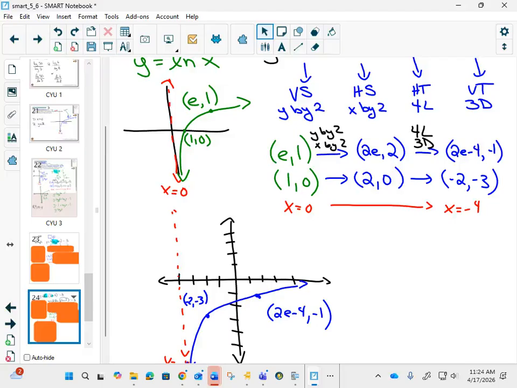So you could use 2.7 as kind of an estimate. 2.7 times 2 would be about 5.4. 5.4 minus 4 would be about 1.4. So when I went to graph it, I estimated where 2e minus 4 is. And then I draw the shape of the logarithmic graph to get the final answer.